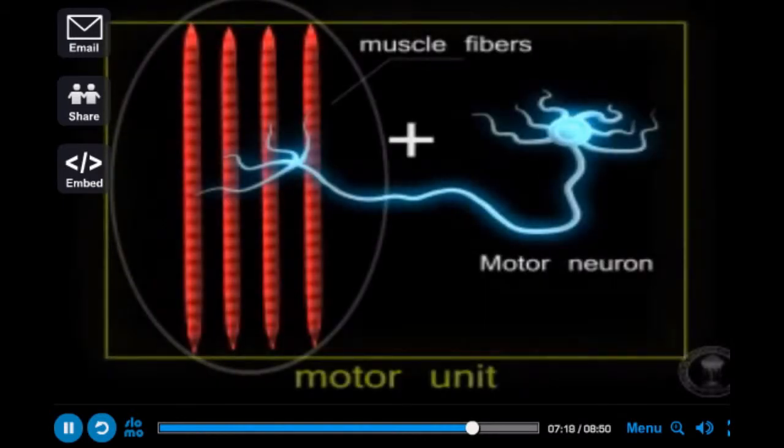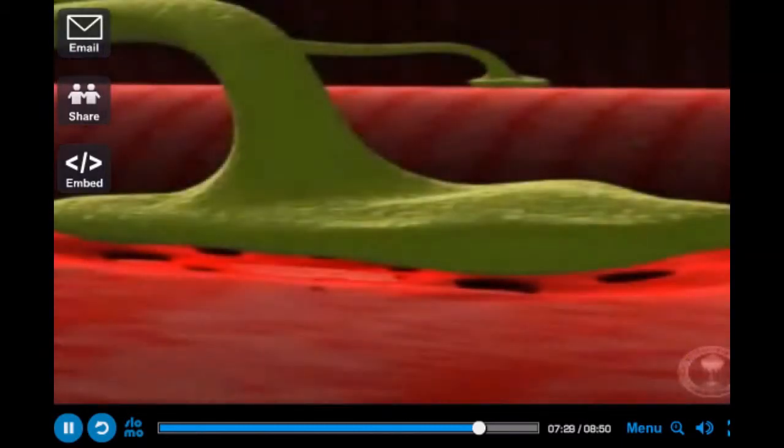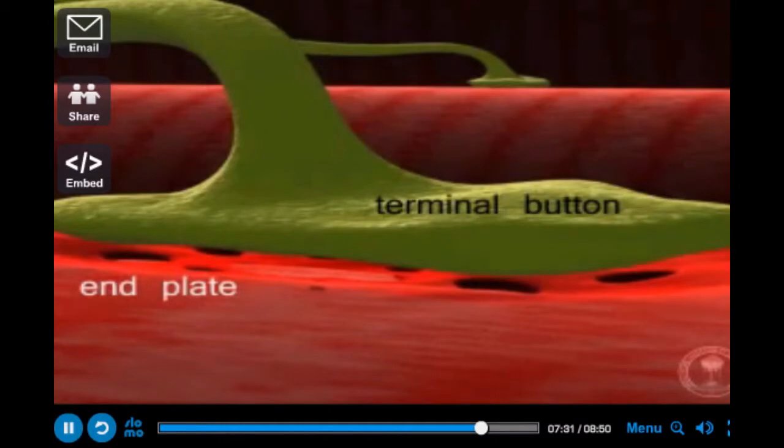A motor unit consists of a neuron and all the muscle fibers it innervates. The neuromuscular transmission occurs at the neuromuscular junction that has a terminal button, nervous element, and motor end plate, which is a muscular element.